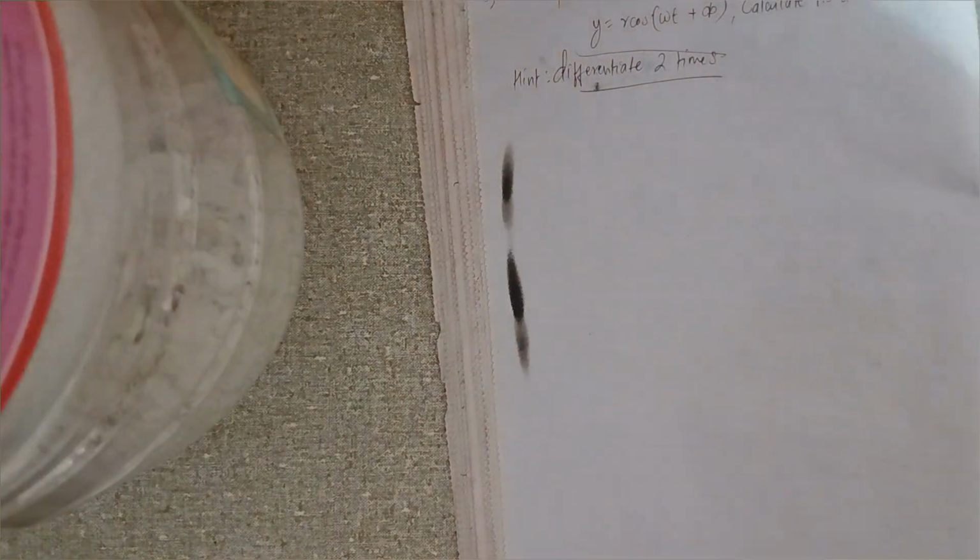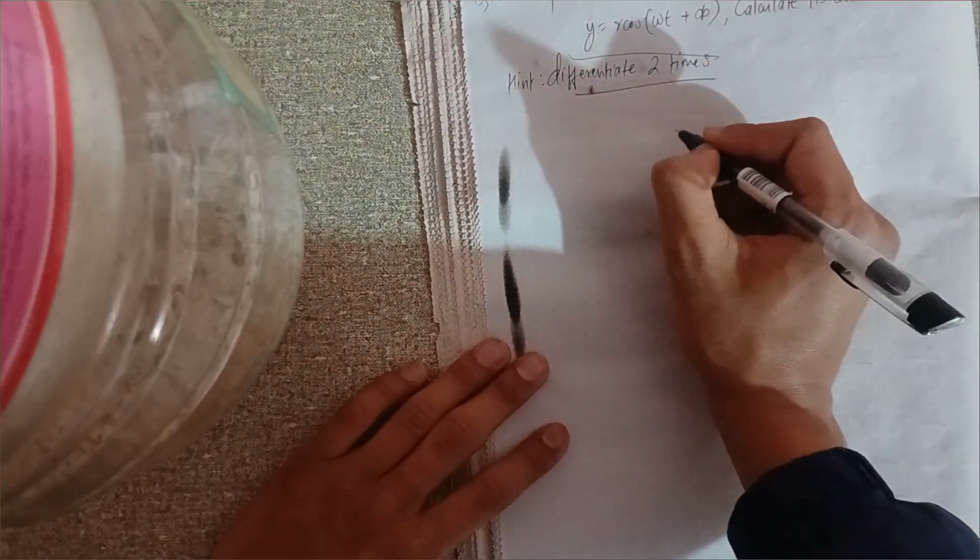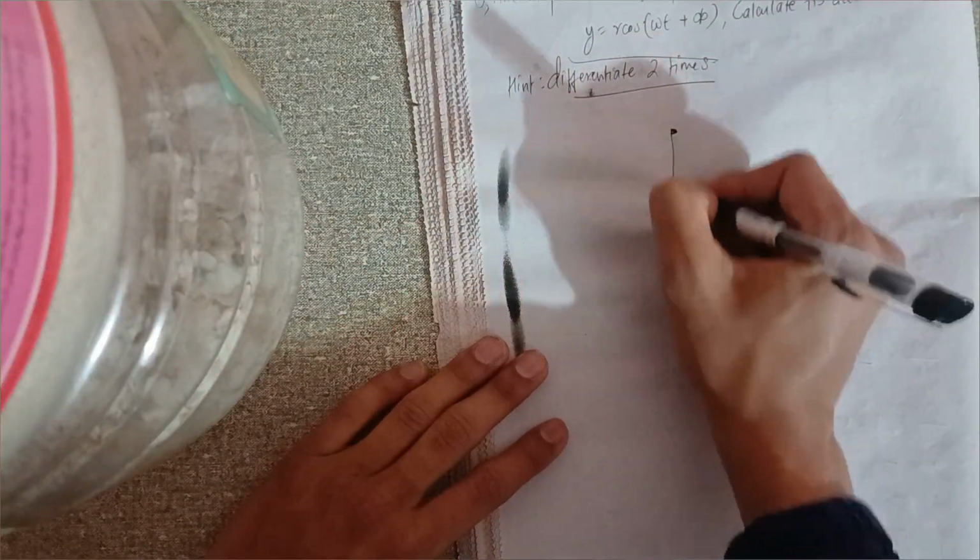Now we are going to look at the variation of displacement, velocity and acceleration with time. So let's go. There are 5 segments of time during what is called simple harmonic motion.